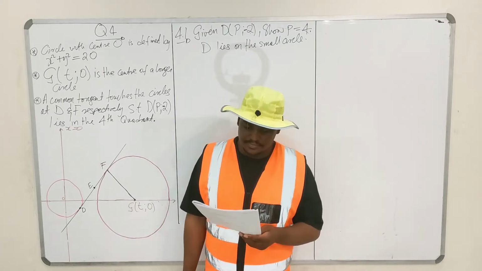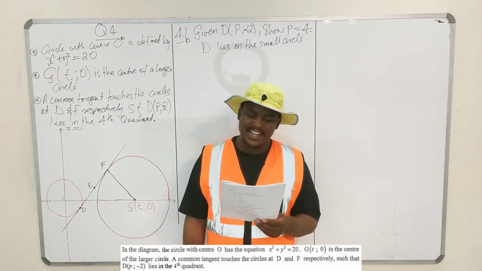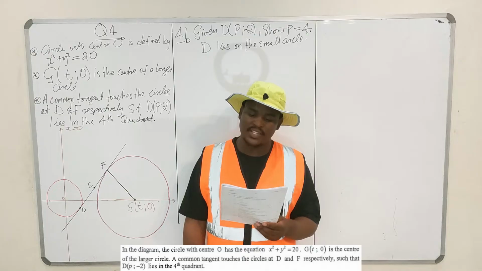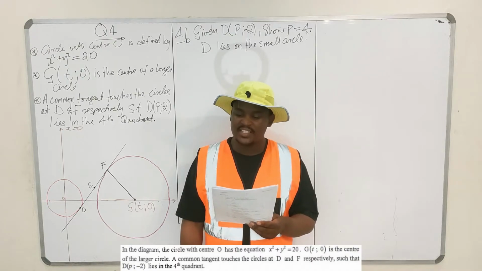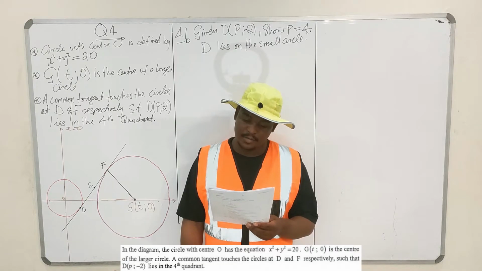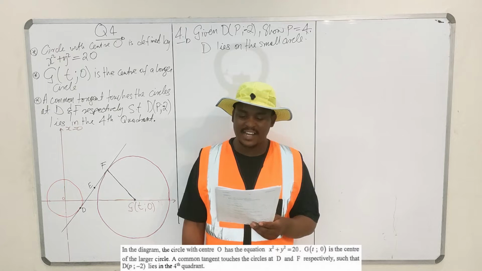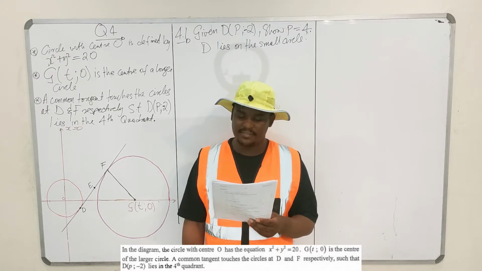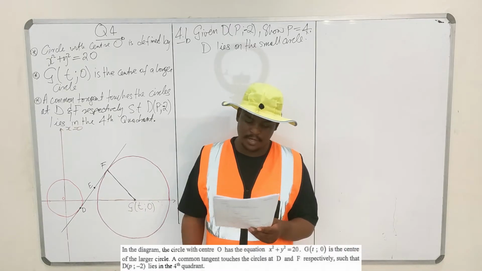So let's go. In the diagram below, the circle with center O has the equation x squared plus y squared is equal to 20. The point G is the center of the larger circle. They are saying a common tangent touches the circles at D and F respectively, such that D lies in the fourth quadrant.